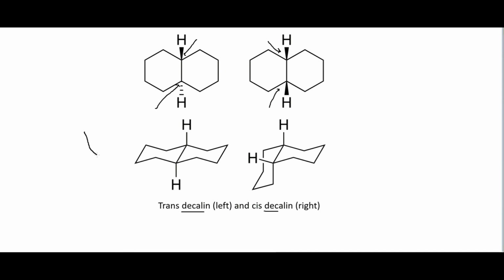And that will actually change the structure of the ring in 3 dimensions, where we see in this one, both of these are in this chair conformation, but they are continuous with each other.